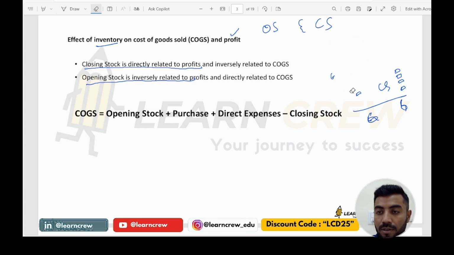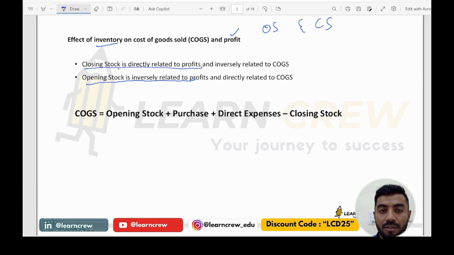I hope you understood. Basically, closing stock is directly related to profits. Closing stock has a direct relationship. Opening stock has an inverse relationship.